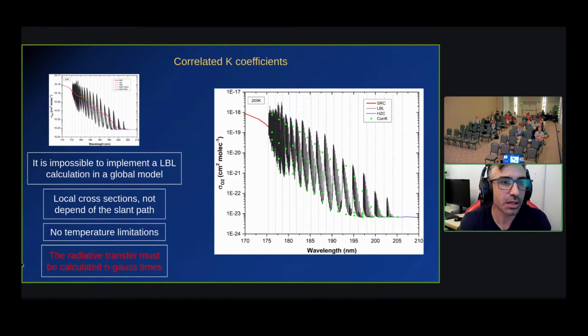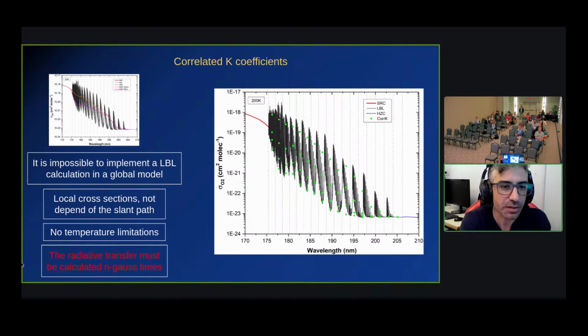So we developed a new parametrization based on the correlated K coefficients, using our line-by-line computation as input. These cross-sections are local, don't depend on the slant path, and have no temperature limitations.